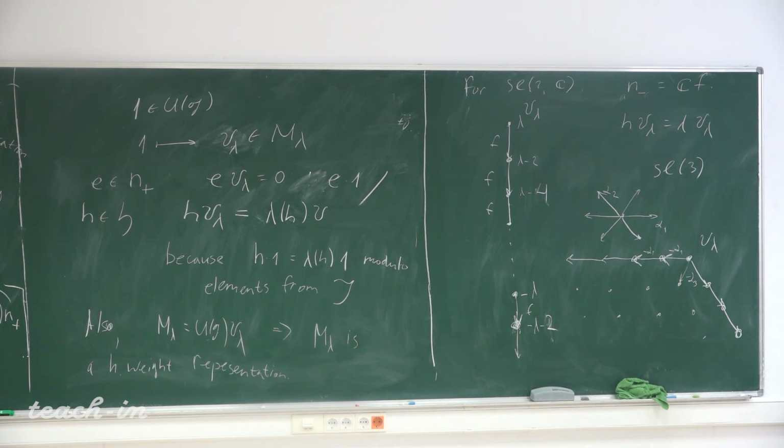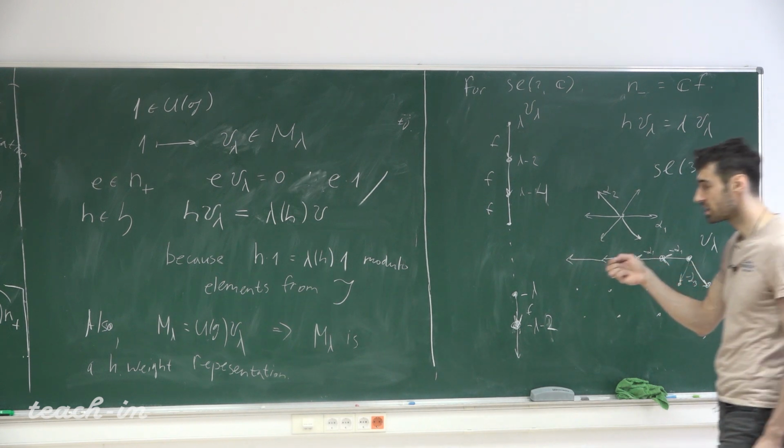What he means is the height of a root. He wants to say the height of a root is the same as the weight. The height of a root is not the same as the weight. Yes. I mean, how do you define the highest weight? I define it like this. So I start with the representation, right?